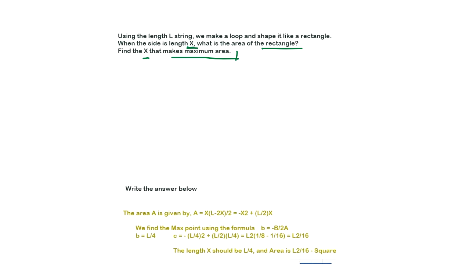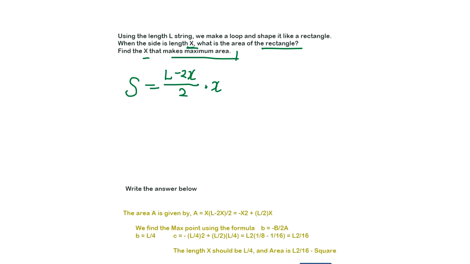So this is not a linear equation problem, because when one side is X, the remaining side is (L minus 2X) divided by 2, right? That is the other side, times X gives you the area.